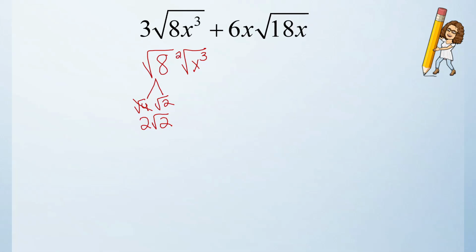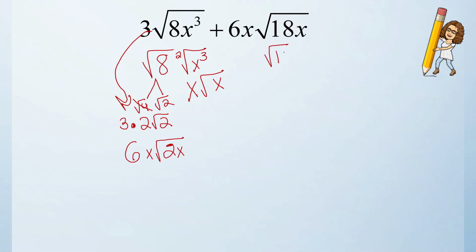Technically, little index of 2. Groups of 2 has to be available. That's one group of 2, one left behind, right, out of 3. So this, in its entirety, because don't forget, got that 3 hanging out, I have 6x times the square root of 2x. Let's simplify the square root of 18.